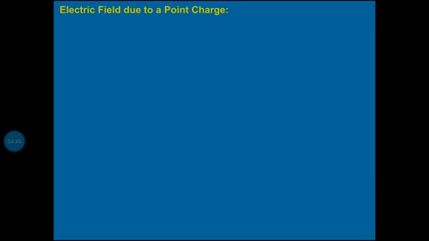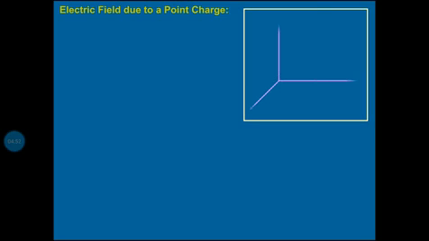And now, what is electric field due to a point charge? Here you can see 3D space. You can see the XYZ coordinate system and a plus Q charge, the source charge, at the origin.